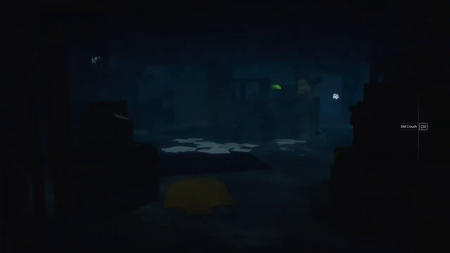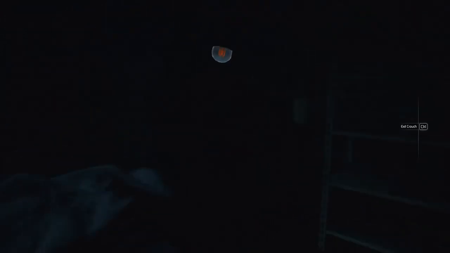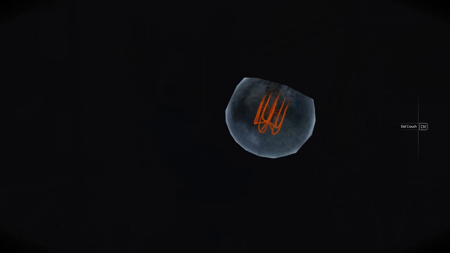Huh. Okay, so I'm still looking for the symbols, but can't seem to locate any more of them. This is just a broken window, seemingly, at least.